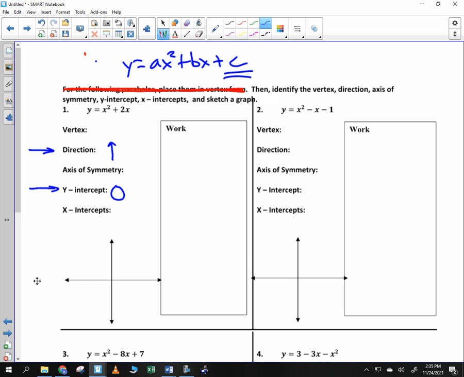We find the vertex. What is the equation for the vertex? So what is negative b? Negative 2 over 2. And you get?